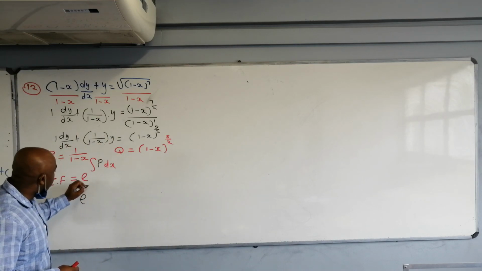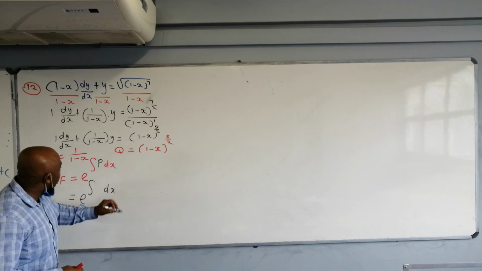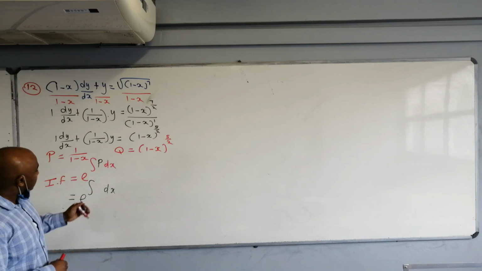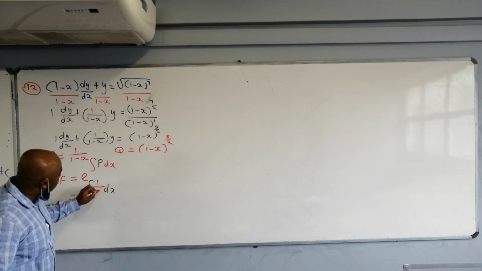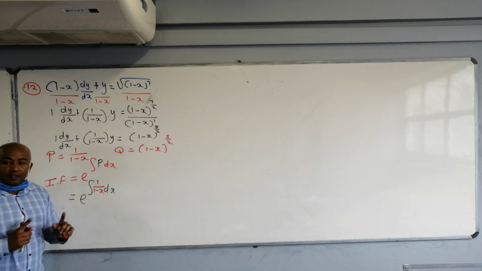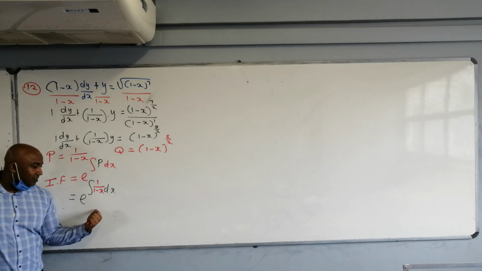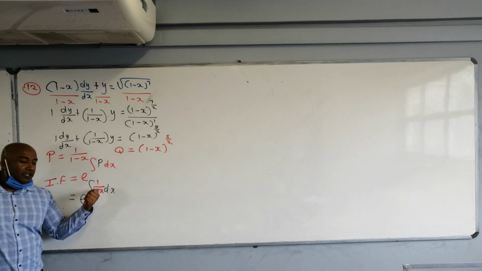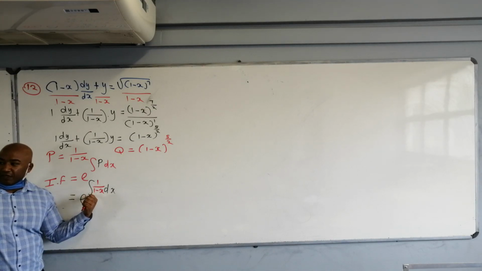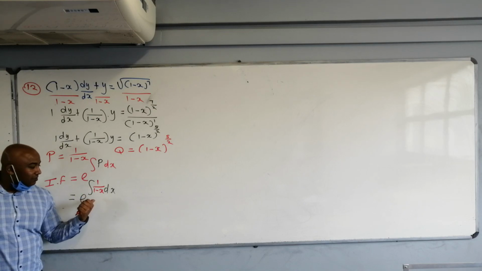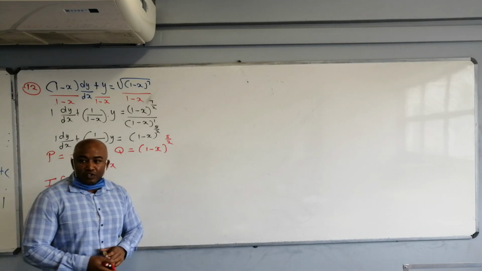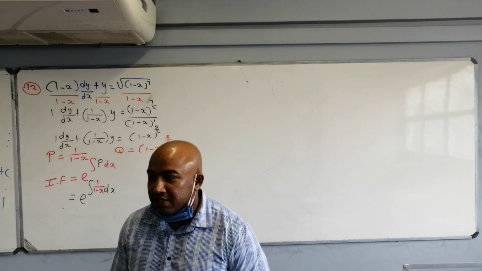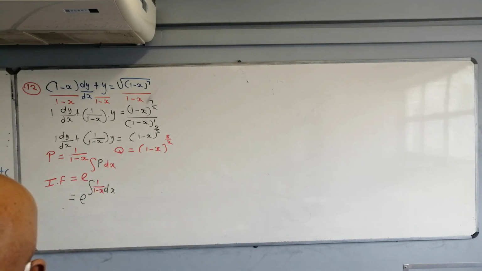So this is equal to e to the integral of 1 over 1 minus x. And now this is what I am interested in. Can you integrate this? Because this is the n5 one. I'm going to give you 1 minute to try and do this, and then let's see where the mistake is.